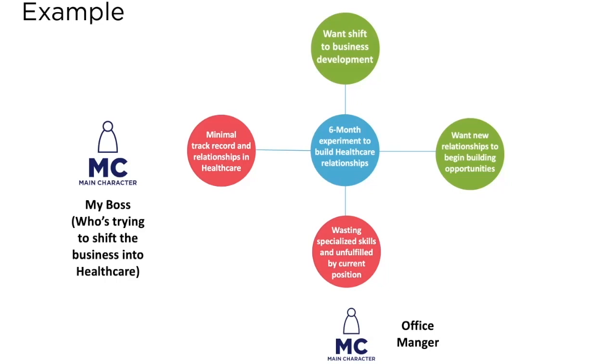As it happened, at the end of 6 months, that company had real business opportunities in healthcare and landed at least one project and had new relationships. So guess what? The boss got to where they wanted, and the office manager redefined her job from office manager into lead business developer in the healthcare market. So we're always looking for one action in the middle that solves two different goals.